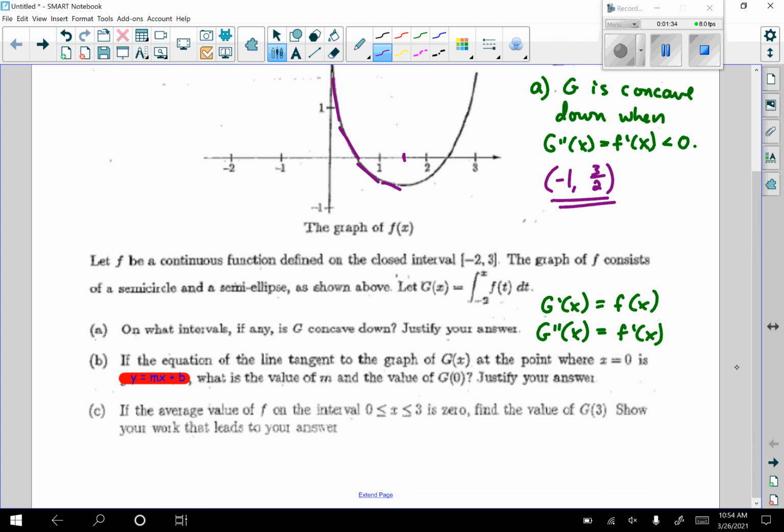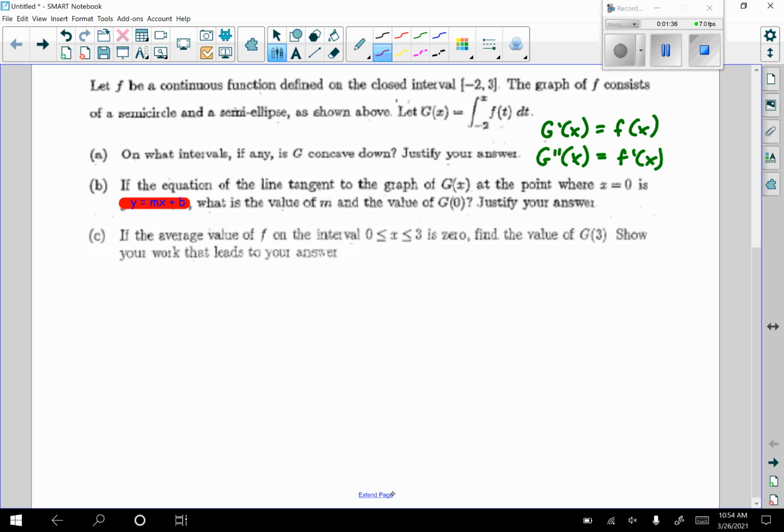All right, question B. If the equation of the line tangent to the graph of g of x at the point where x equals 0 is y equals mx plus b, what is the value of m and the value of g of 0? Justify your answer. For part B, we need the slope of the tangent line. That's m.